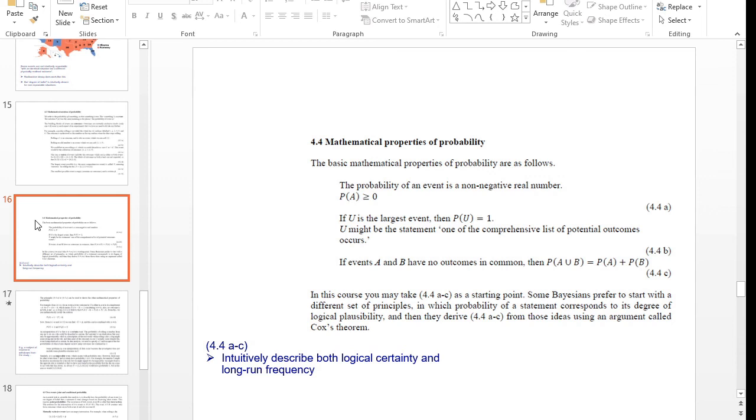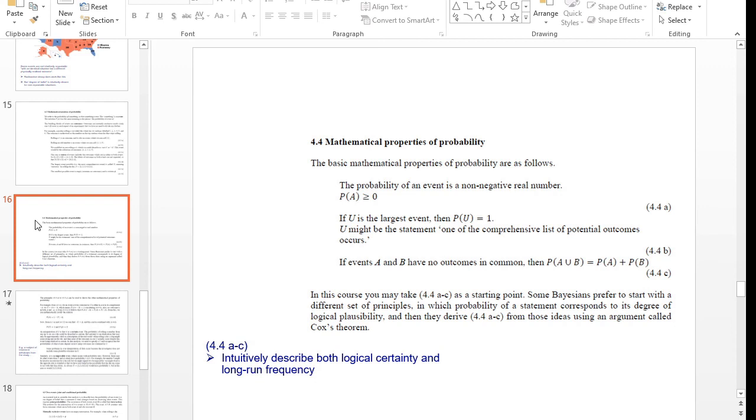So if events A and B have no outcomes in common, then I simply have to, and I hope it will make intuitive sense, say that the probability of the union of A and B, that is, one of the outcomes happening which is within those events which had no overlap, is simply the probability of A plus the probability of B. Hopefully, you can take these laws of probability as intuitively acceptable statements about probability theory. If you must take them as philosophically sound, then you can get them from Cox's theorem.